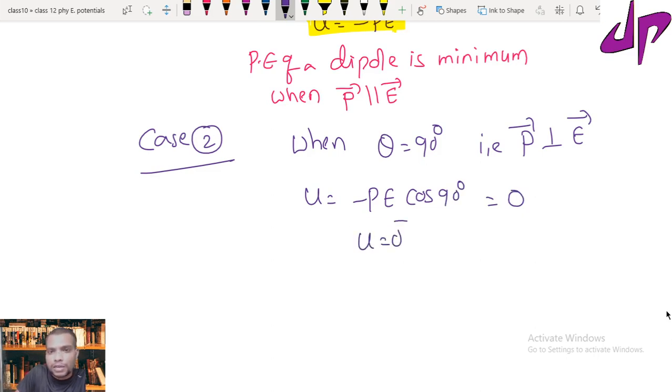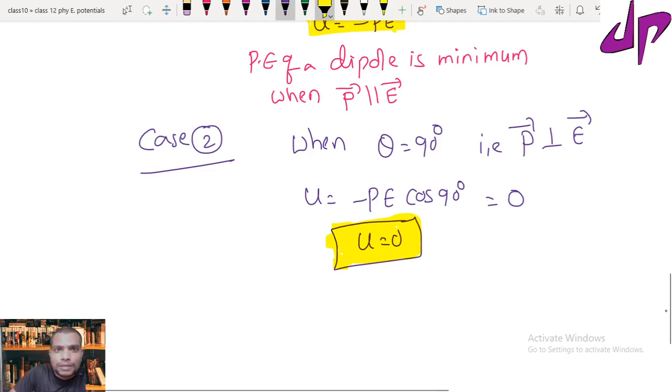So the potential energy value is 0 when the dipole is perpendicular to the electric field vector. So we can mention that the potential energy is 0.